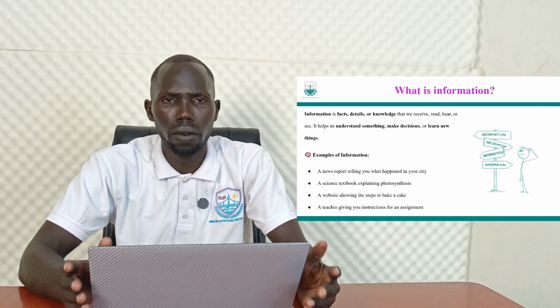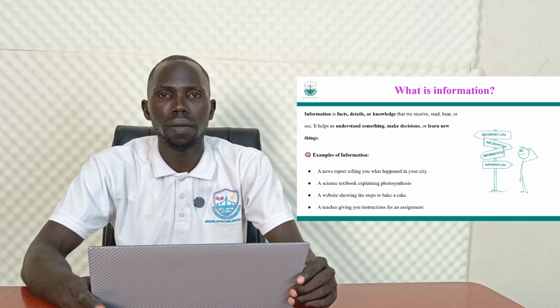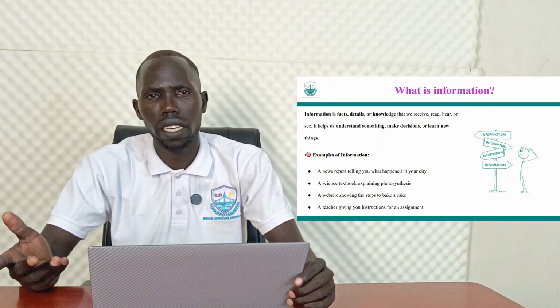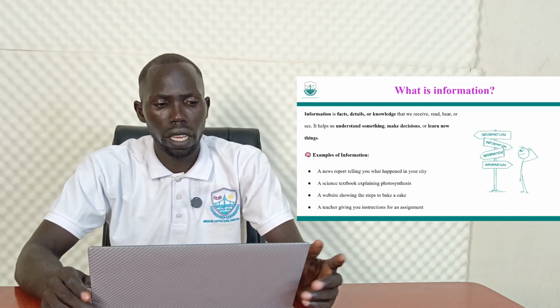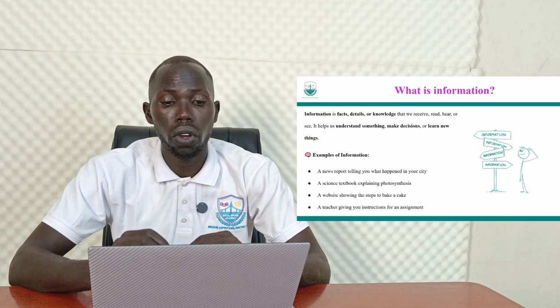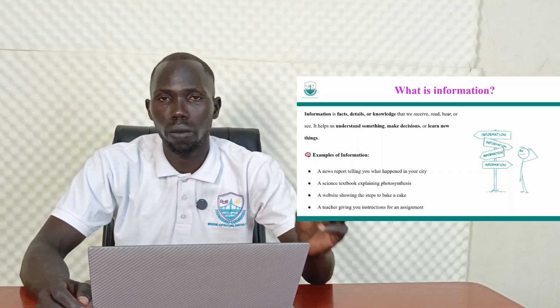The simple question I ask is, what do you think information is? If one gets this from either TikTok, Google, or books, what therefore is information? In simple terms, information is facts, details, or knowledge that we receive, that we read, that we hear, or that we see.